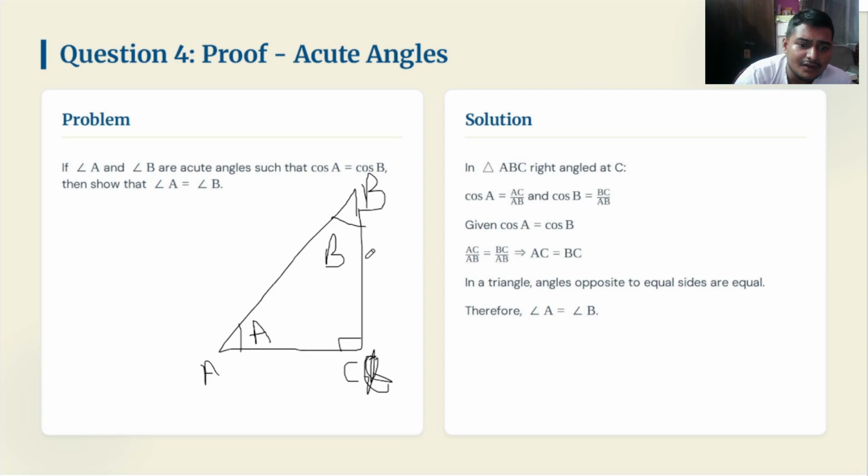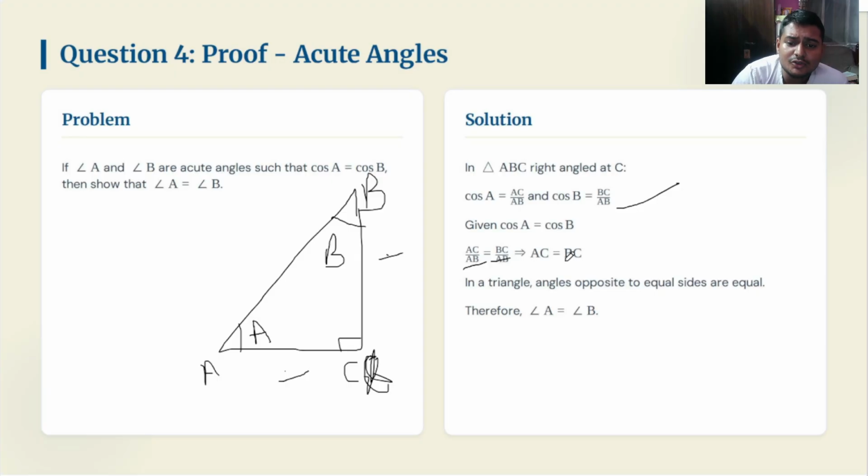Now for angle B, cos B is BC by AB, means base by hypotenuse. For angle B, this one is the base, and for angle A, this one is the base. So cos A equals AC by AB. If both are equal, AC by AB equals BC by AB, AB and AB cancel out.